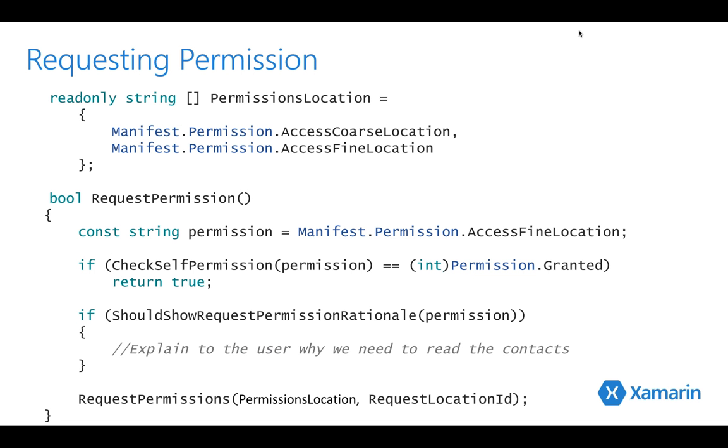Now, there's an important part that we're seeing down here, which is this is API 23 only. Android Marshmallow is API 23. And what that means is that when you compile your application against Android 6.0 Marshmallow, API 23, and set your target for API 23, the permission checks will only occur on your application running on Android Marshmallow devices.